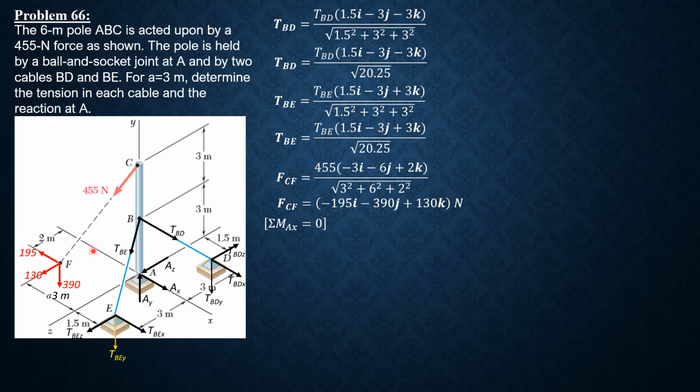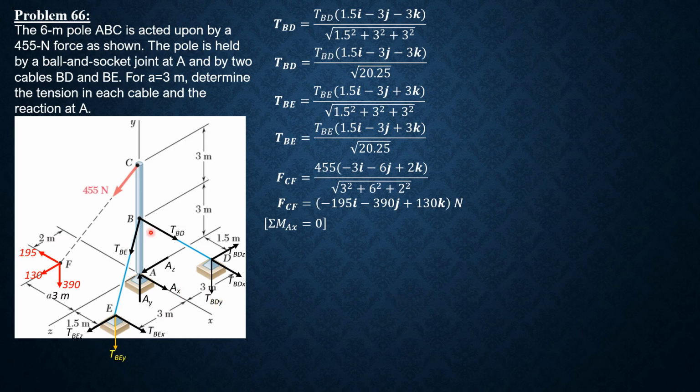So 130 is passing through X, same for the others. 195 is parallel, so this is parallel to X. TBEZ passes through the X-axis, AX. Same is true with tension BDZ. And this is parallel, so only TBDY, TBEY, and 390 are involved in the moment equations.